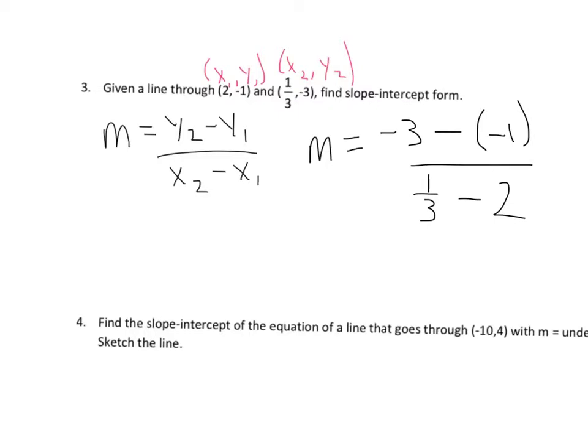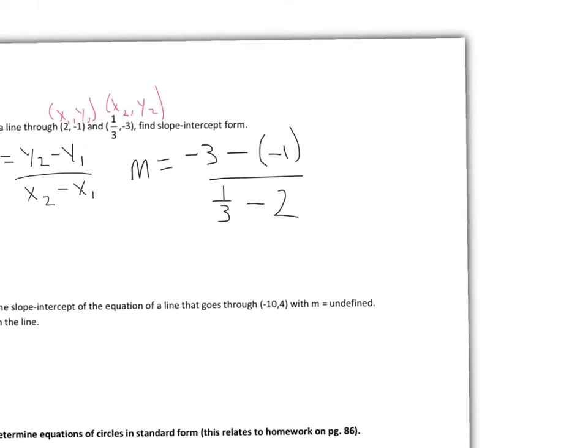So first, in terms of simplifying, I'm going to make this m equals negative 3 plus 1 over 1/3 minus 2.